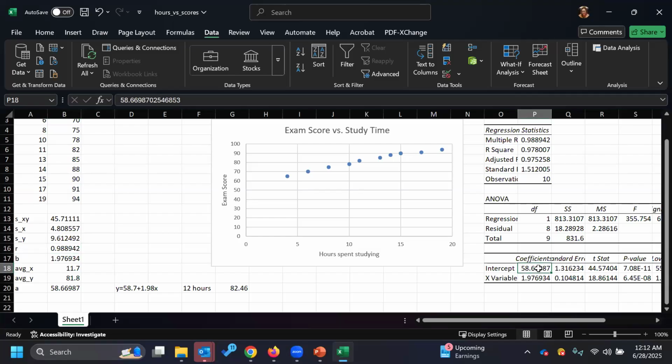The y-intercept, 58.67, that matches the y-intercept we found. 1.97, that matches the slope we found. So we can also read it directly off of there.